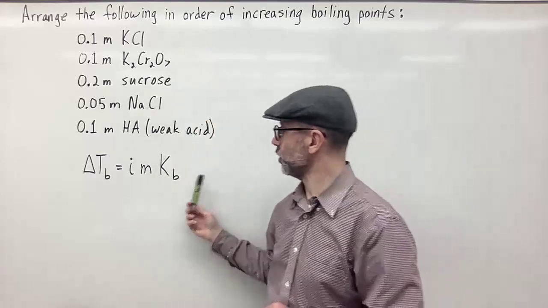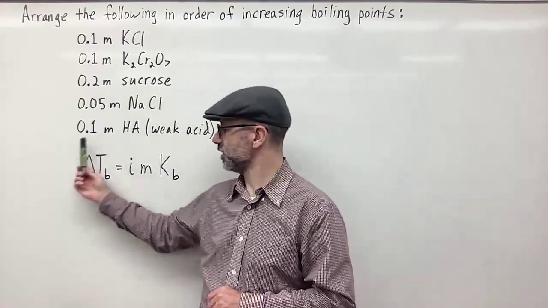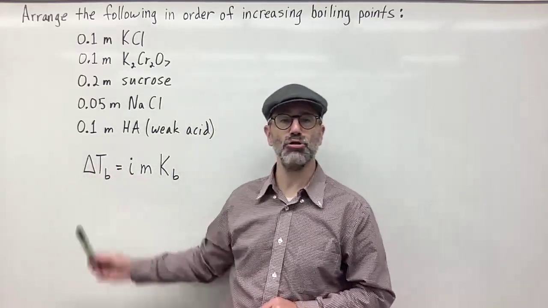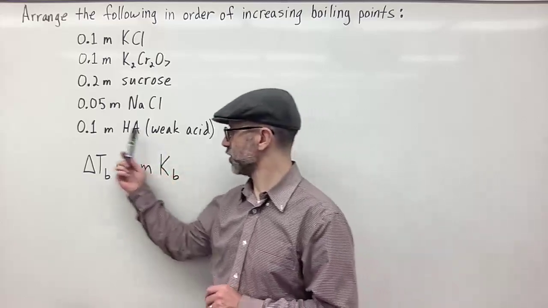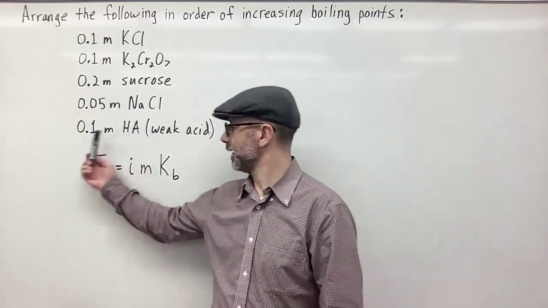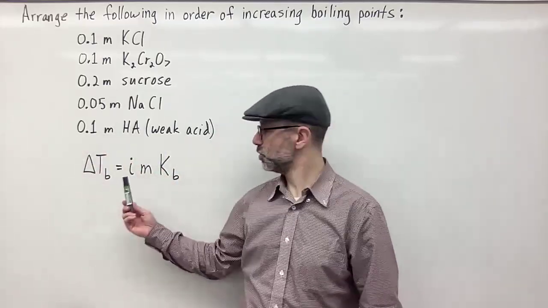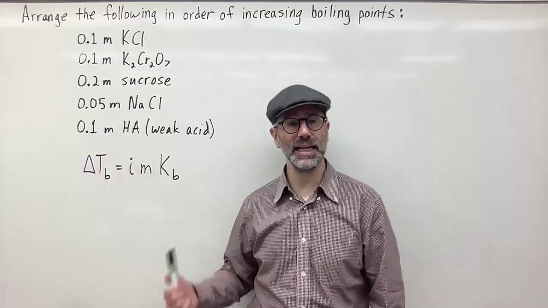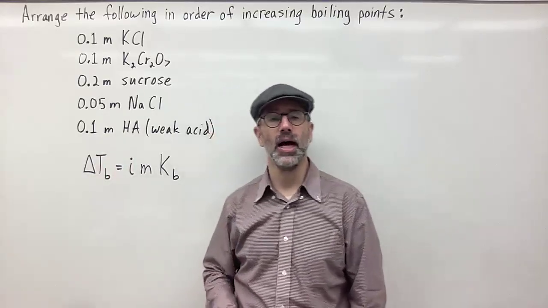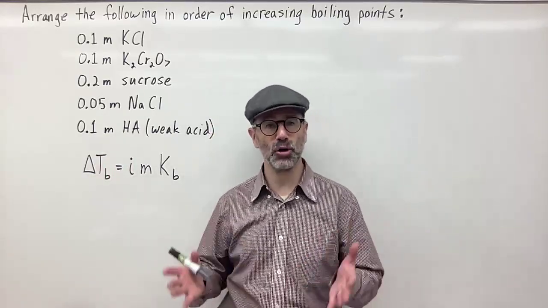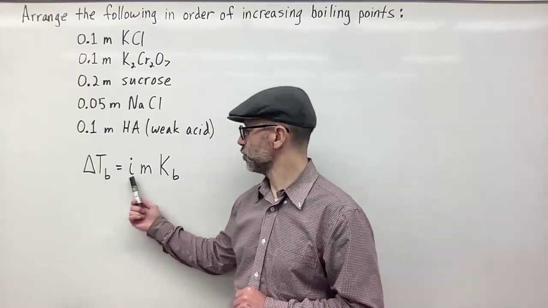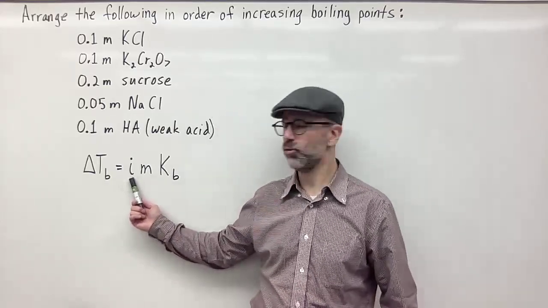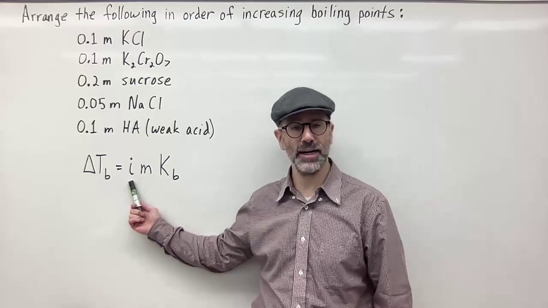In order to get the change in the boiling point temperature due to what you dissolve in it, we have to use this equation, where the change in boiling point is a colligative property. It depends on how many particles you have dissolved in water. That's going to be equal to the Van't Hoff factor, which is represented by this small i.